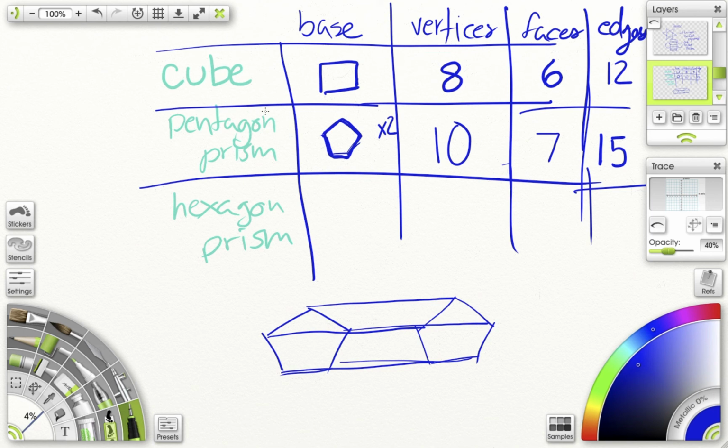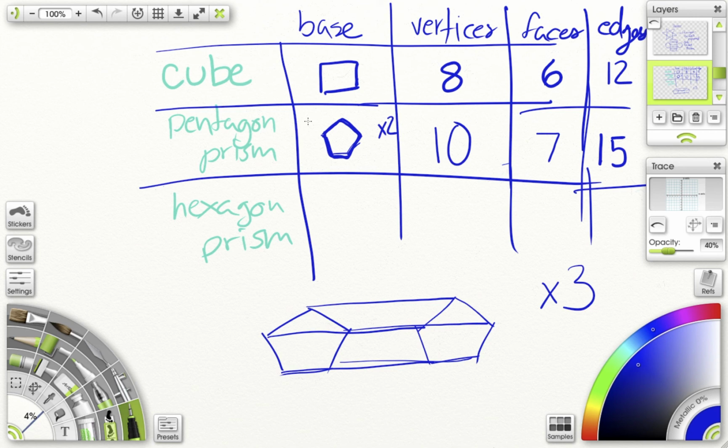There's a pattern there. How many sides are there to a pentagon? There's 5. And there's 15 edges. To get the number of edges, you take the number of sides of your base shape and you multiply it by 3. So there's 5 sides to a pentagon.